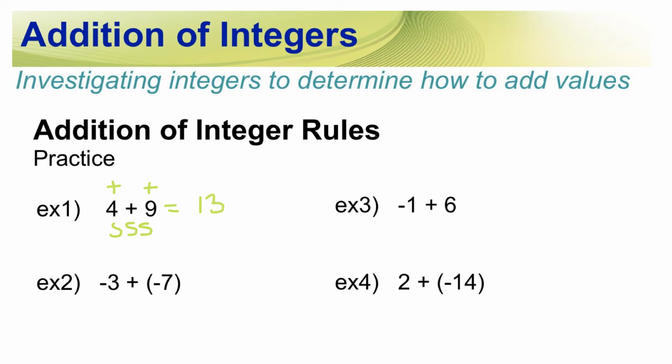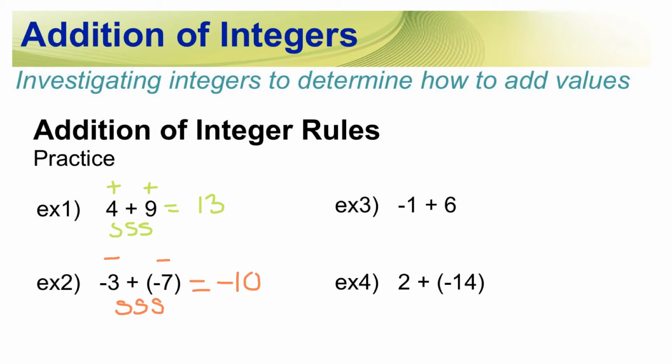Since it was both positives, our answer is going to be a positive 13. Now we're going to take a look at the second example, which is negative 3 plus negative 7. A negative plus a negative. That's, again, same sign sum, because they have the same signs. 3 plus 7 is 10, but you're going to keep their sign, which was a negative.